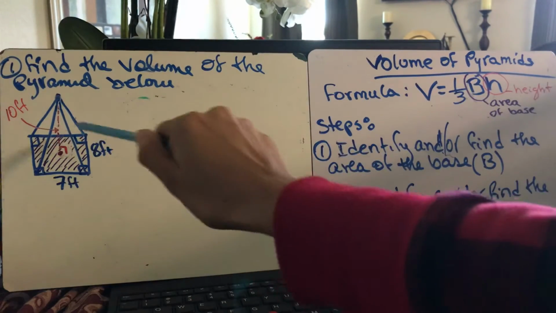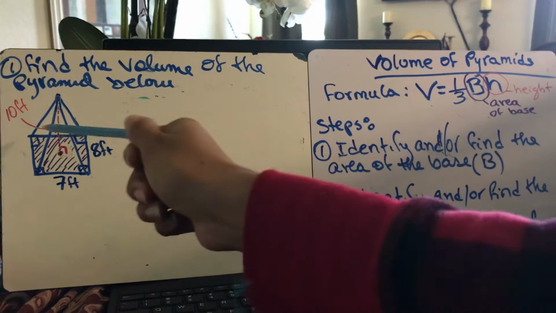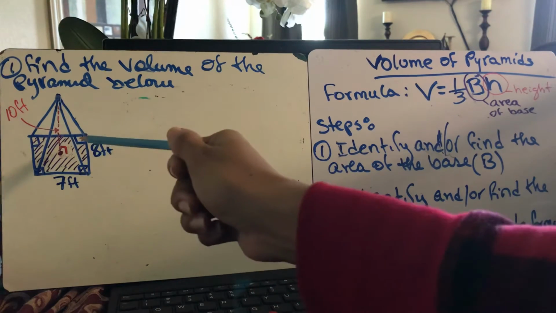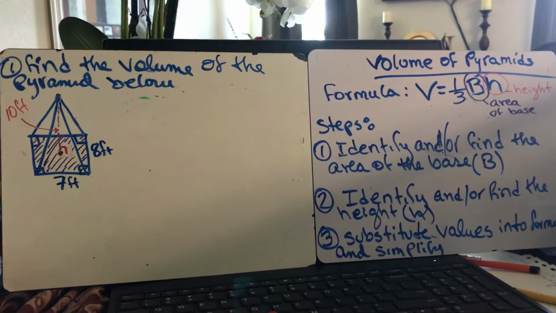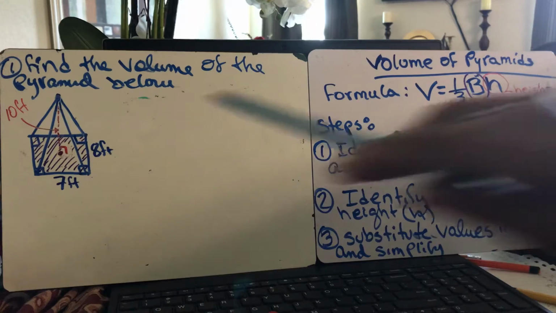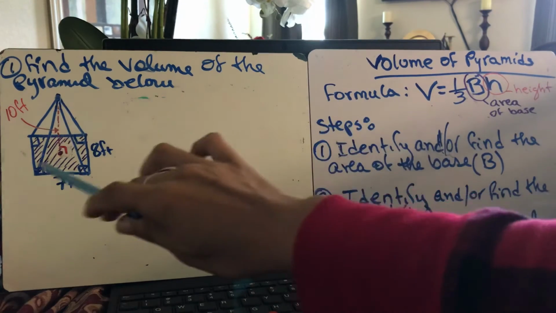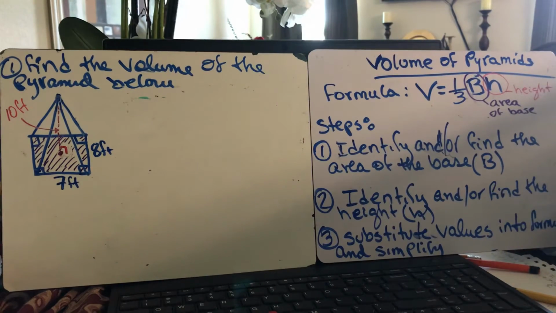Sometimes it could be a triangle itself, or it could be a pentagon, it could be a square, it could be any other two-dimensional shape that we've dealt with before. So that's why it's very crucial for you to identify the base, because then you can use the right area to find, or the right formula to find the area of the base.